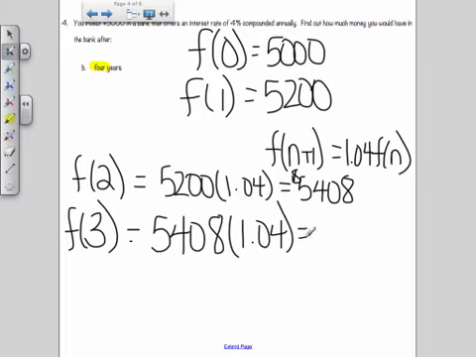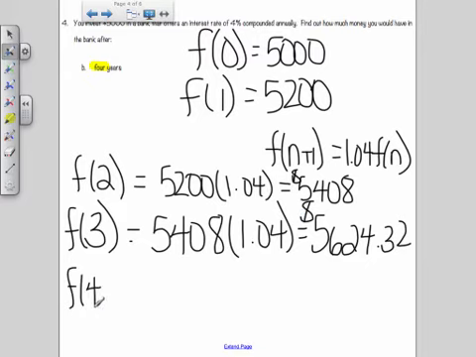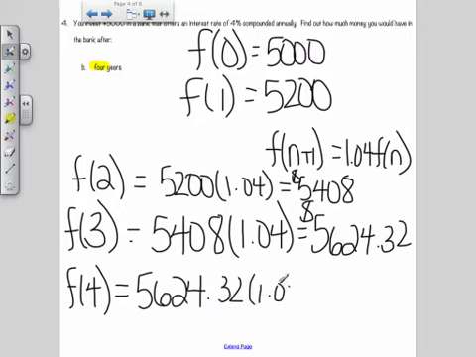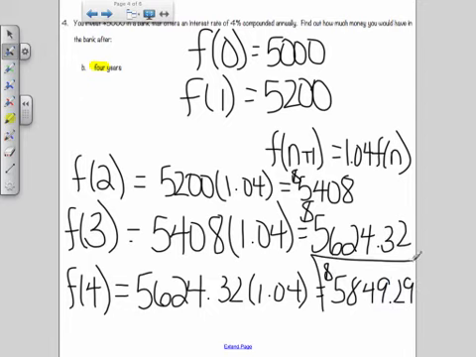And I end up getting, do this in your calculator please, $5,624.32. Okay, I'm not quite done yet because this is after the 3rd year. Now I have to take the 4th year, and to figure out the 4th year, I have to take the 3rd year and multiply that by 1.04. So then I end up getting $5,849.29.